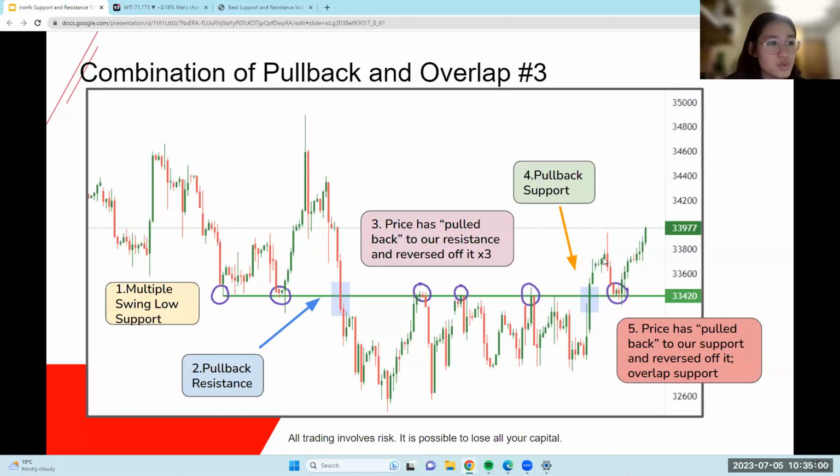And then once this pullback support has retraced and bounced off of the level again, it is an overlap support. Okay, I hope that's clearer.